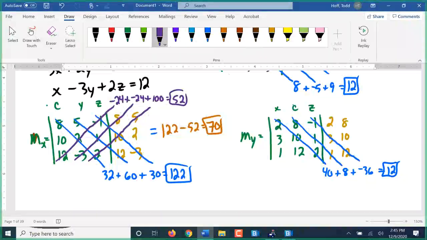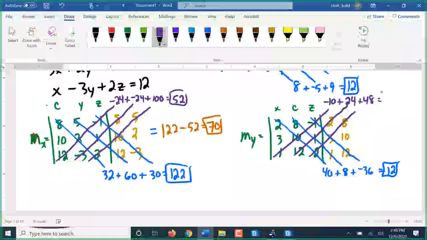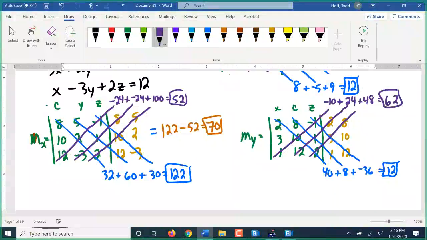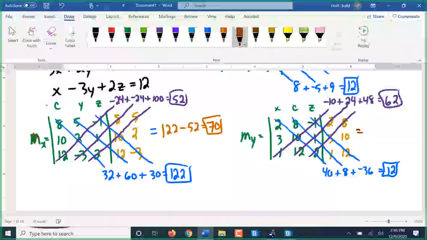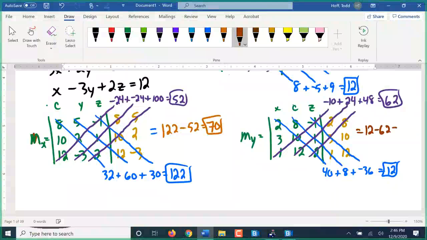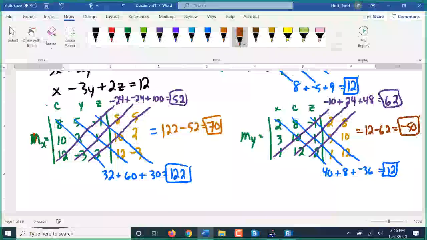Doing our up diagonals. 1 times 10 times negative 1 is a negative 10, plus 12 times 1 times 2 is a 24, plus 2 times 3 times 8 is 48, which is, I believe, a 62 that comes out to be. So we get 12 minus 62 is a negative 50. Is our Y determinant?